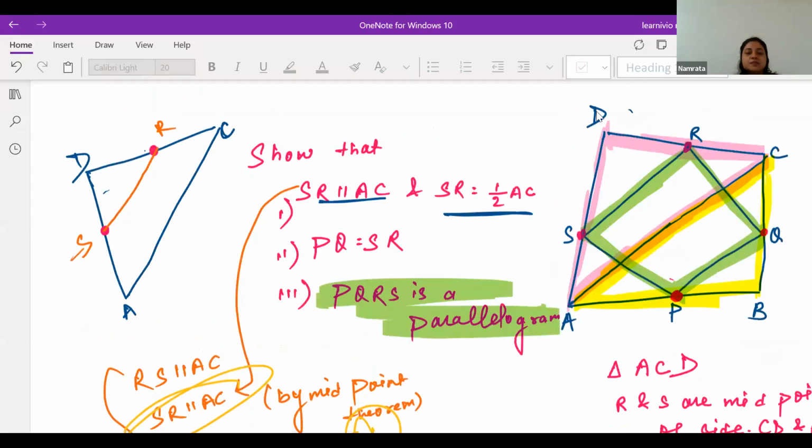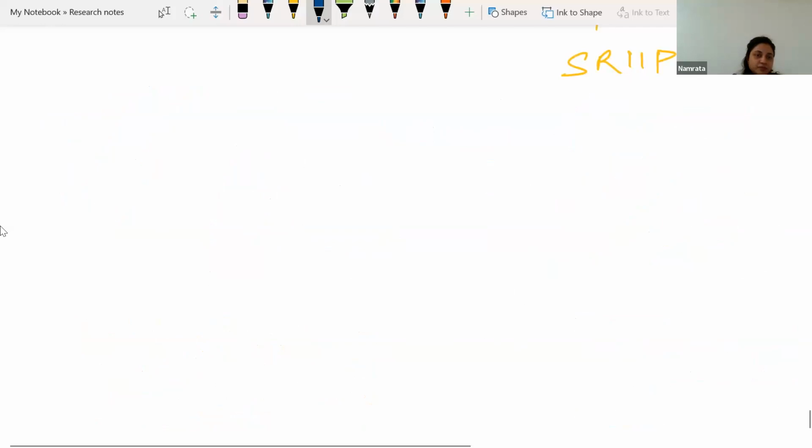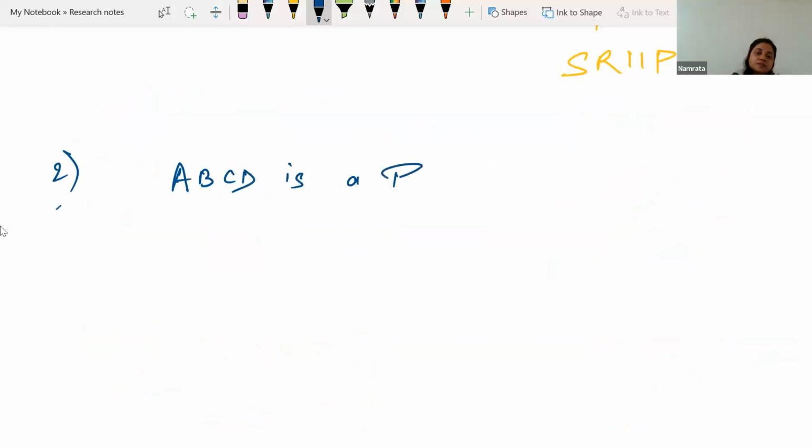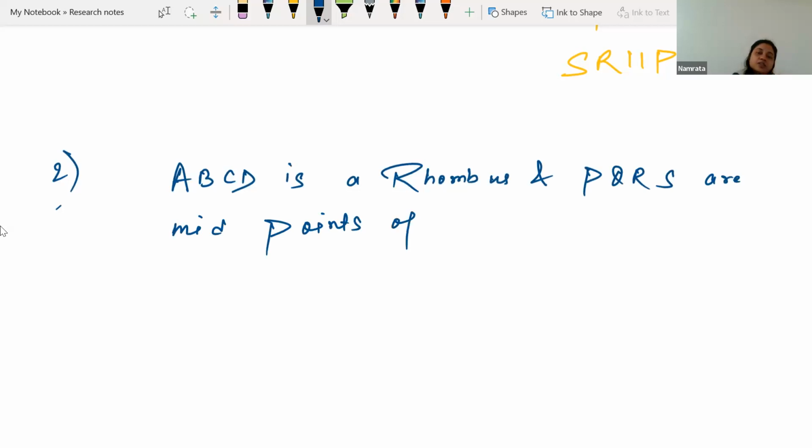Okay, let's move ahead. ABCD is a rhombus, and P, Q, R, S are the midpoints of sides AB, BC, CD, and DA respectively.